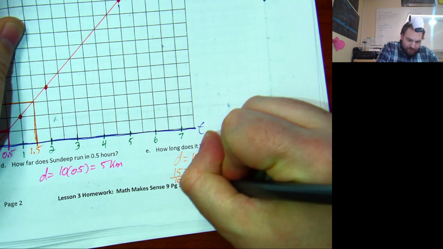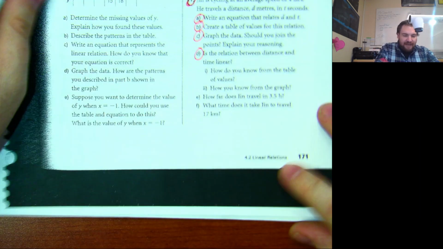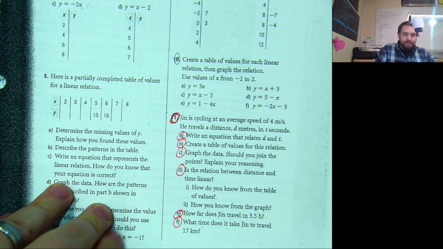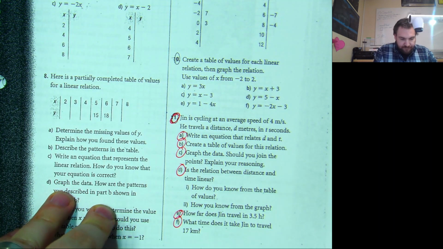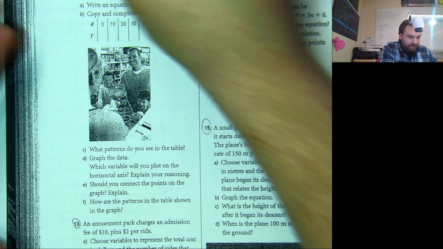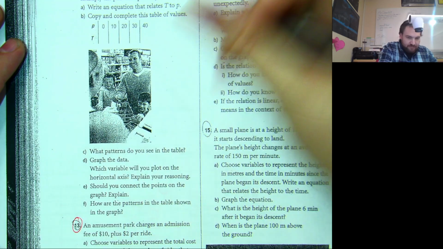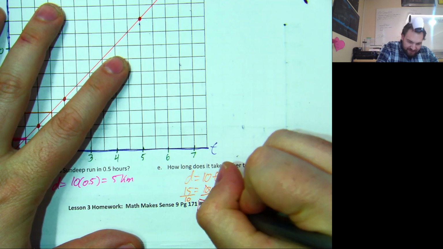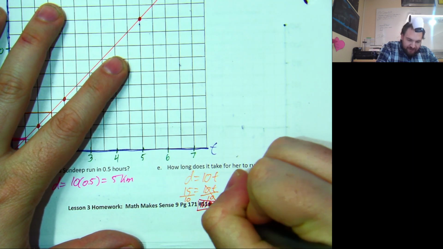Oh, so much whining. All of 11, do E and F as well. And then it says 12 to 15. Basically, you're just doing 11 to 15. I'm just going to change it, make it cleaner. You're doing 11 to 15.